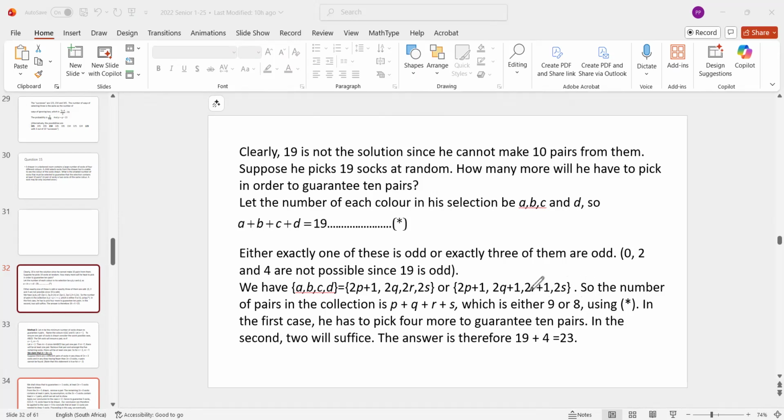But now any 2, all are odd. You take any 2, after that, you will have. So the second one actually gives you 22 choices. But the minimum number is 23. The worst possible case is where you got 9 pairs. All right, so that takes care of that problem.